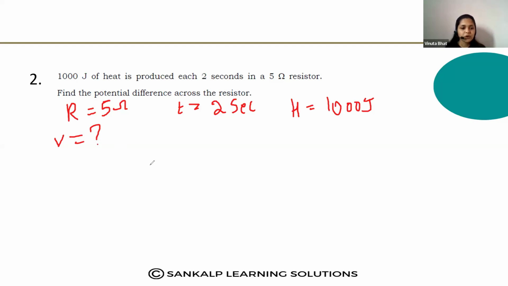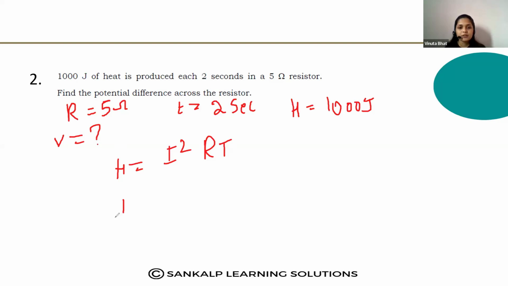So you can use one formula, that is H is equal to I square RT. We know the value of H and we don't know the value of I, and R and T values we know.